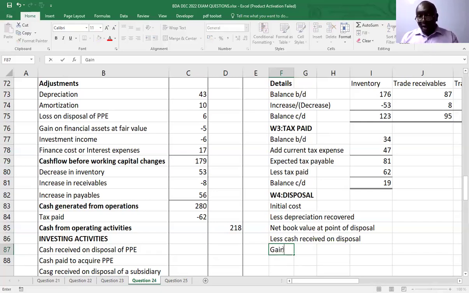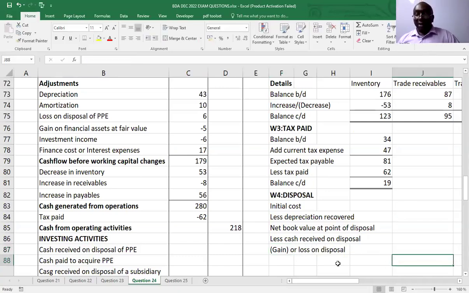Now, penye nimeiweka, when I'm saying less cash, a gain will happen if cash is more than our net book value. So, venye nimeiweka, then it means that my gain will be in brackets, or loss on disposal. Yeah.